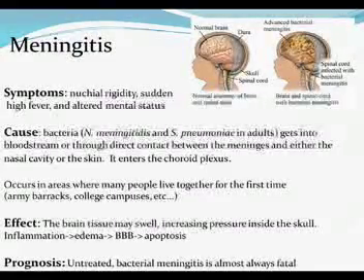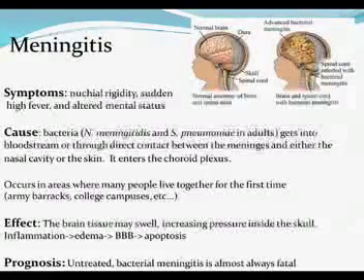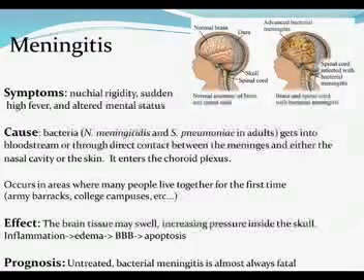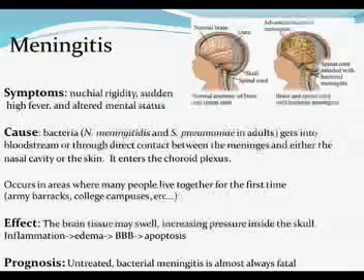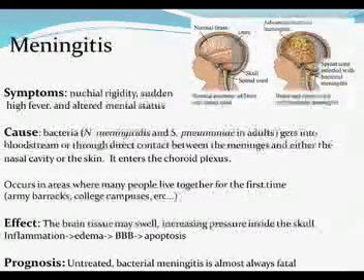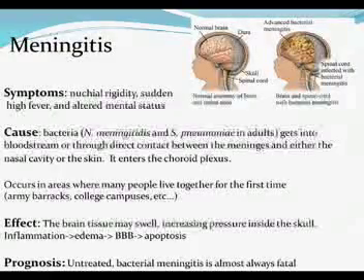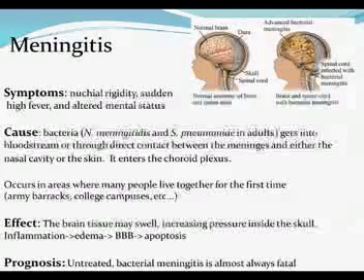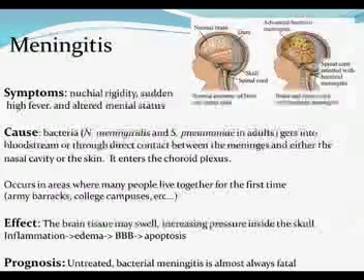It's interesting to think about what an infection is, and what symptoms are associated with it. Basically, when you have an infection, it's going to lead to inflammation. Your body's trying to fight the infection, so it pumps fluids into that specific area. In this case, it's the surrounding of the brain, leading to inflammation.